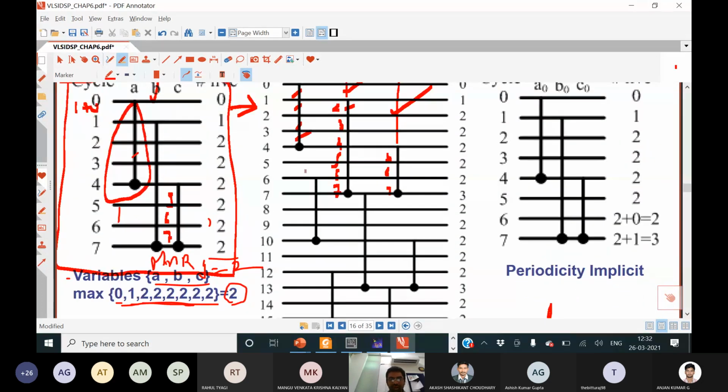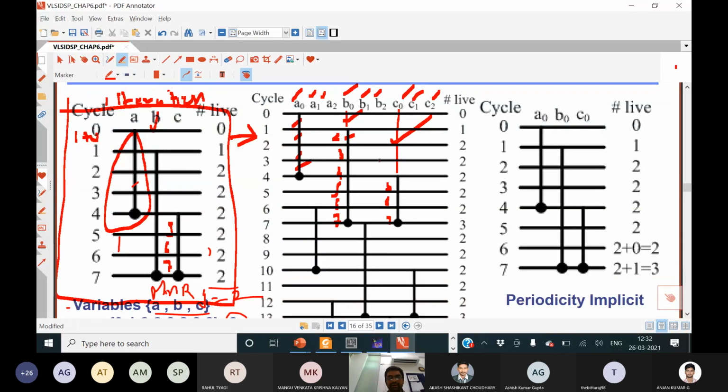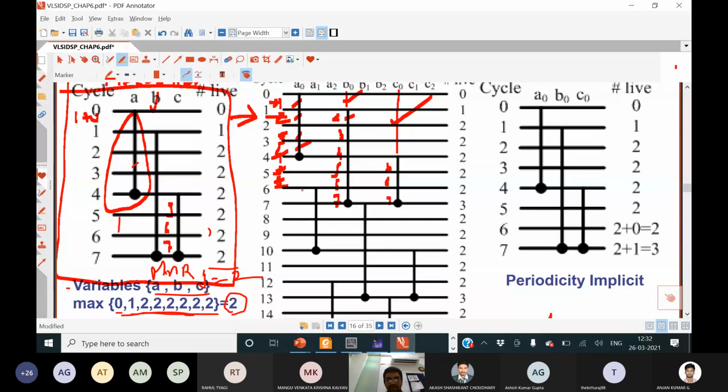Now, this is for the second iteration. After 6 clock cycles, my next folding instance will start its execution. Okay, let's say the first one is 6L plus 0, 6L plus 1, 6L plus 2, 3, 4, 5. Then 6L plus 6 is nothing but the replica of 6L plus 0.